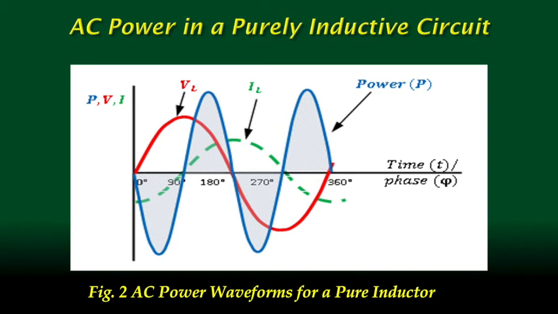It is therefore the product of the applied voltage and the component of the current which is 90 degrees out of phase with the voltage as shown in figure 2. At this point, this is VL and this is IL. Multiply, and this one is positive, this is negative, then the result is negative. Similarly, this is 0 and here both are positive, then multiply, and we get this value positive. Then draw the power waveform.